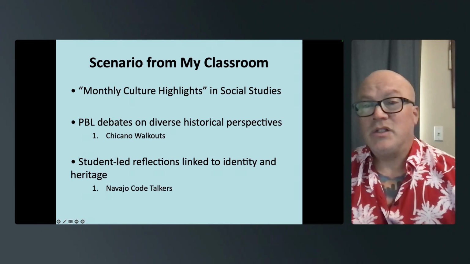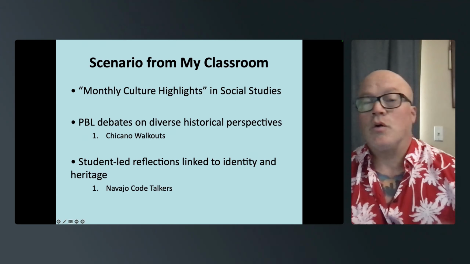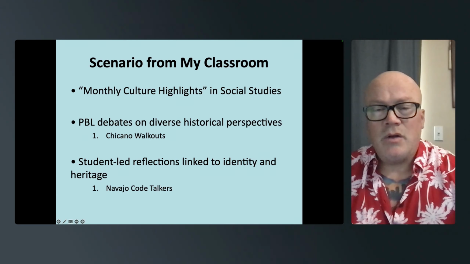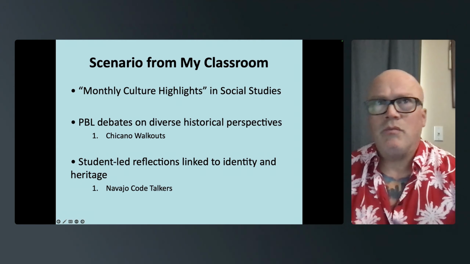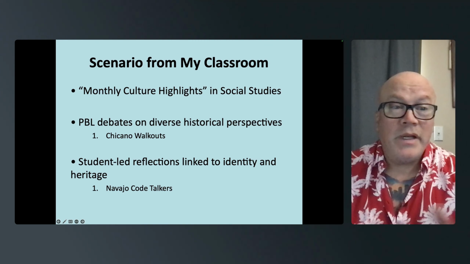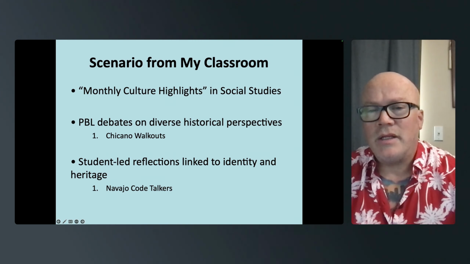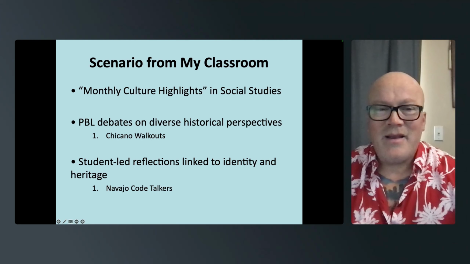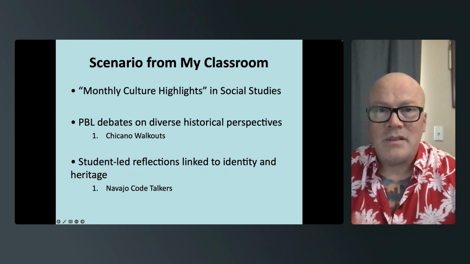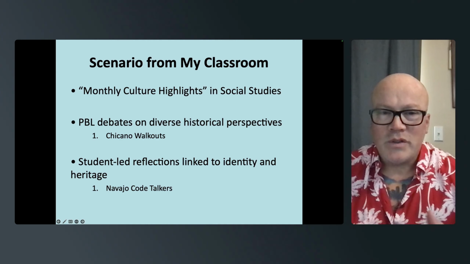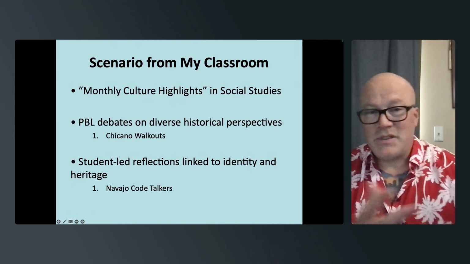We also do things such as debates on diverse historical perspectives, like the Chicano walkouts. In that way, we're really hitting those underrepresented voices throughout history. Or we did student-led reflections linked to things such as heritage, like the Navajo Code Talkers, and how they were a big part in the Pacific Theater portion of how we won World War II.